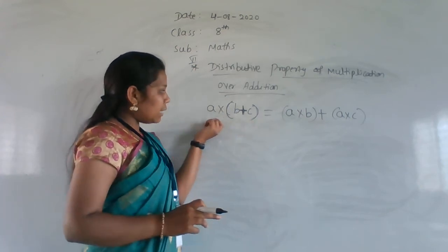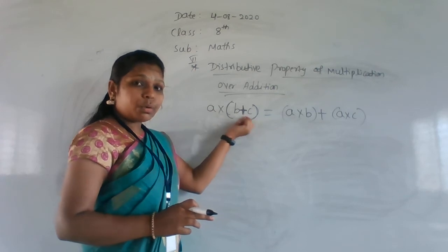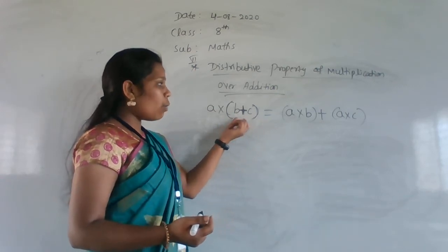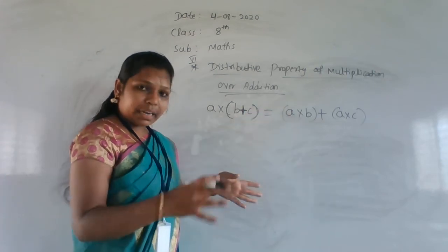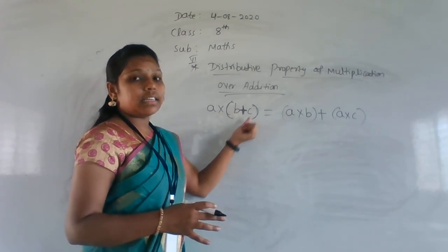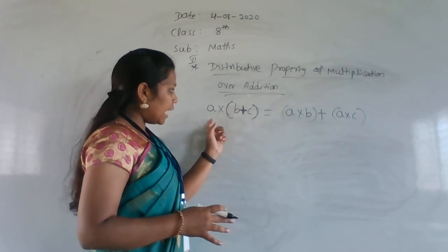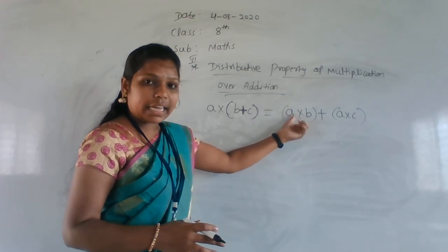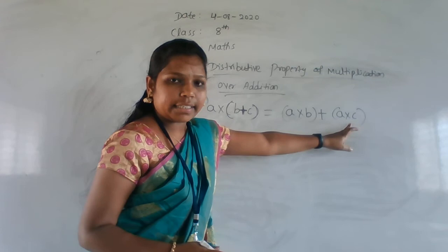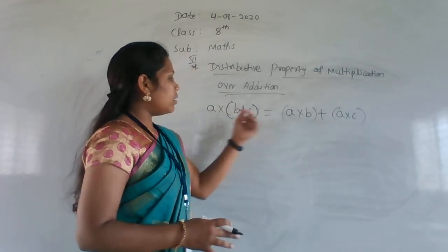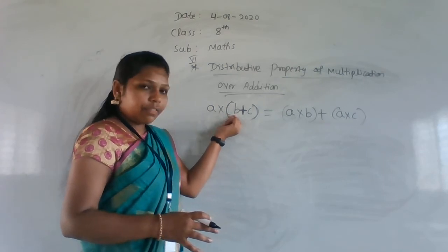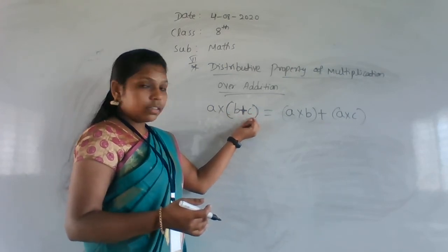So I am distributing now. I am distributing a to the b as well as the c. First I distribute a to b, that is a into b, plus next I distribute a to c, so here a into c. First with b, after that with c.